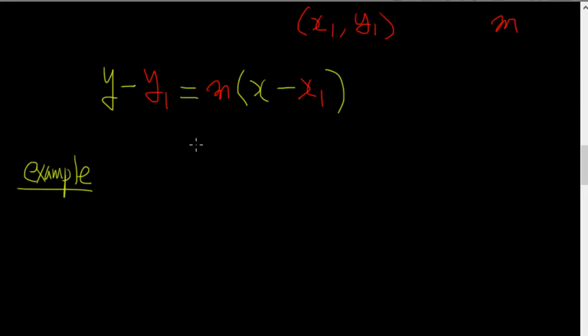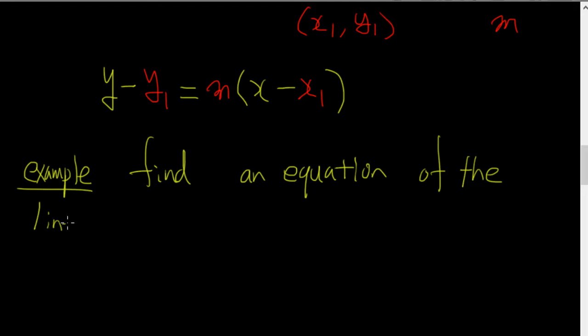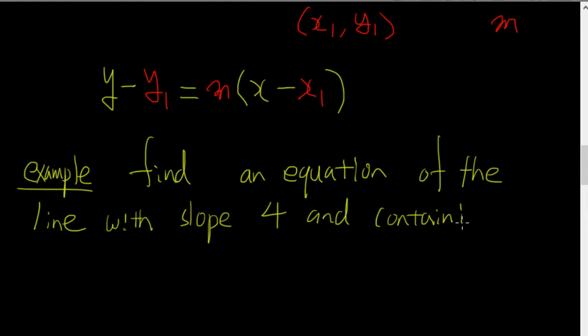Example: find an equation of the line with slope 4 and containing the point (1, 2).